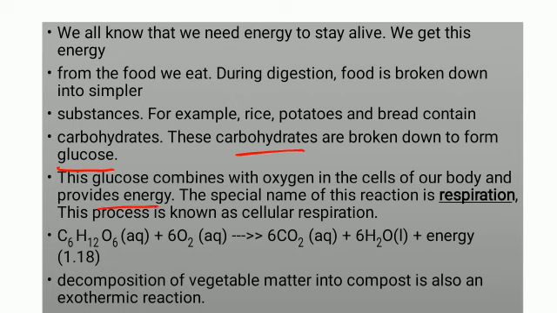The special name of this reaction is respiration. C6H12O6 plus 6O2 gives 6CO2 plus 6H2O plus energy. So this is an exothermic reaction. Decomposition of vegetable matter into compost is also an exothermic reaction.